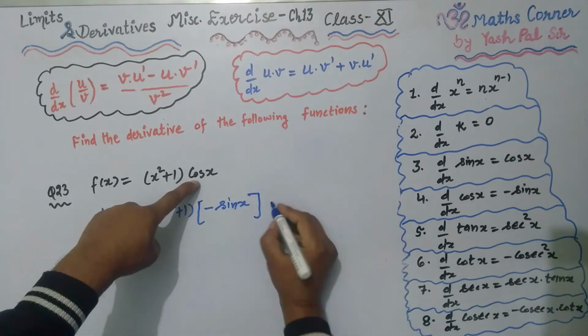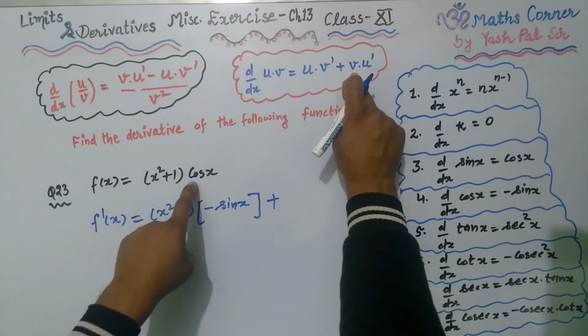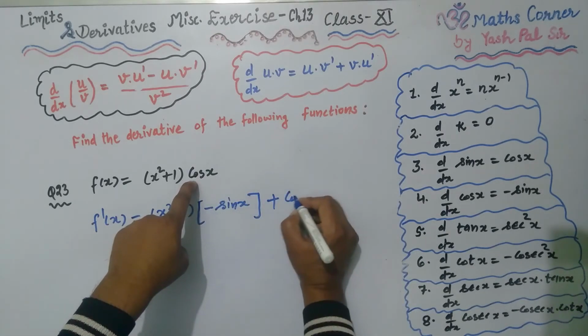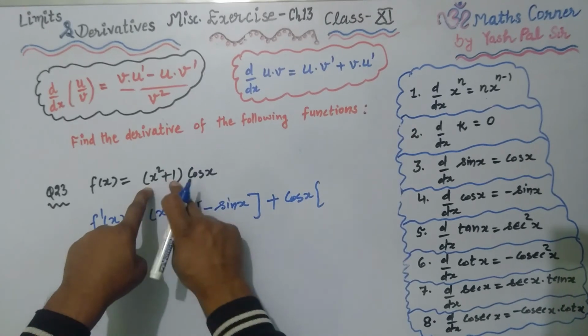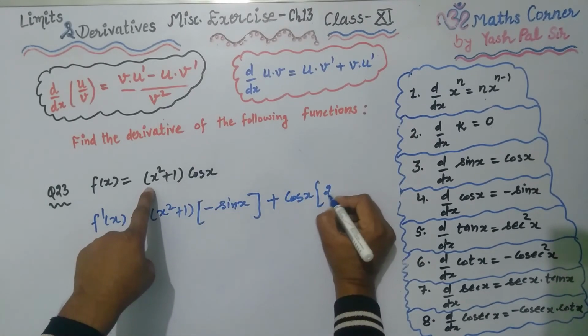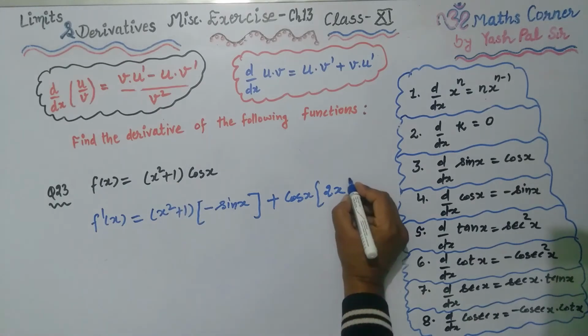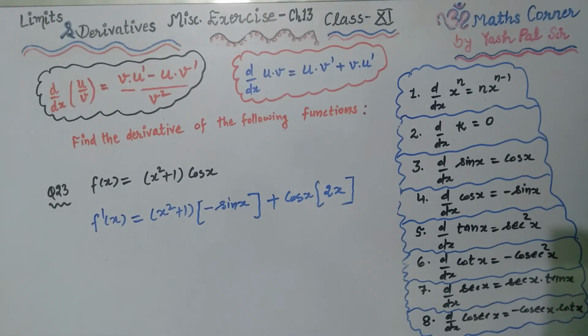Next is plus v, cos x, into u dash, its derivative, x square derivative is 2x, 1 derivative is 0. So this is our answer.